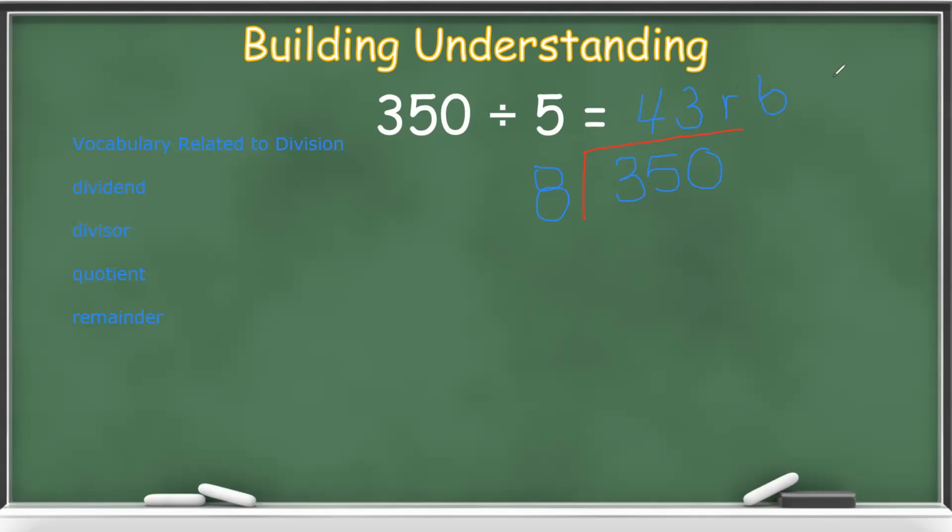All right, so I have this as my example. Now I'm going to put in my vocabulary. So this number inside the house is my dividend. The number outside the house to the left is my divisor.